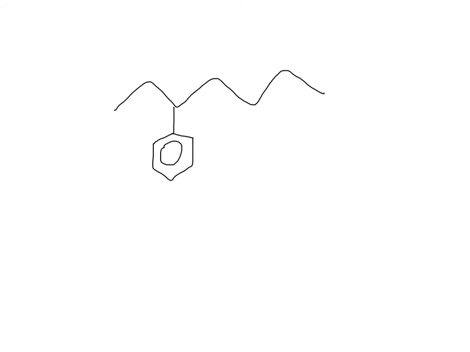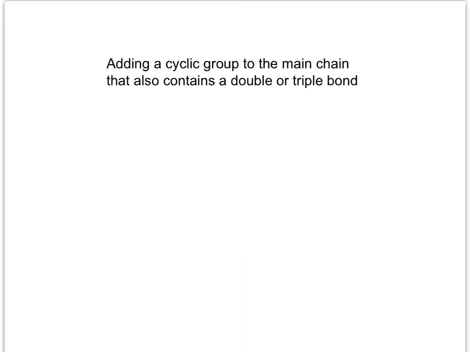We use phenyl instead, P-H-E-N-Y-L. So this is 1, 2, 3, 4, 5, 6, 7. So that's going to be a heptane, and it'll be a 3-phenyl heptane molecule.